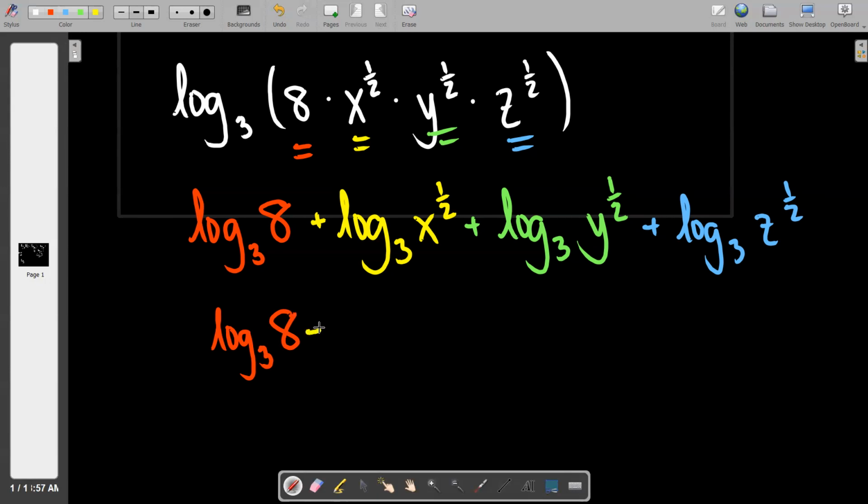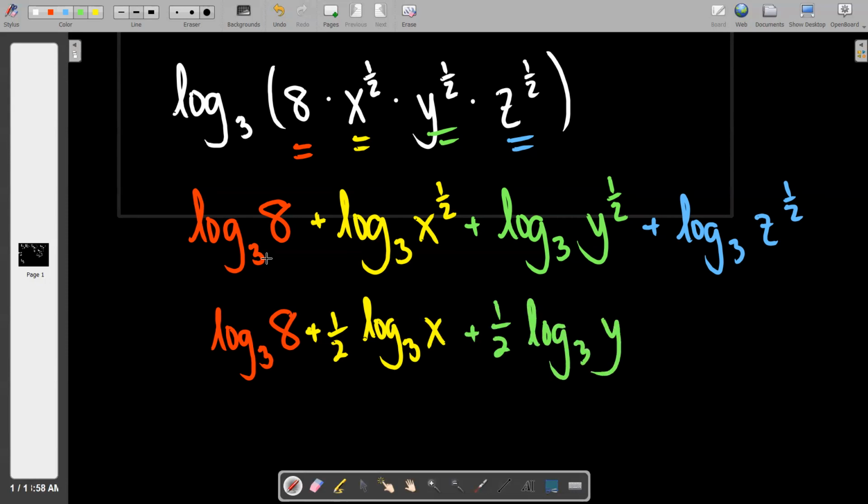Bring down the 1/2. That's part of the expansion process. So I'm going to bring down the 1/2 and multiply it by log base 3 of x. And of course, green guy and blue guy are going to follow suit. And as absolutely anticlimactic and unexciting as that is, final answer.